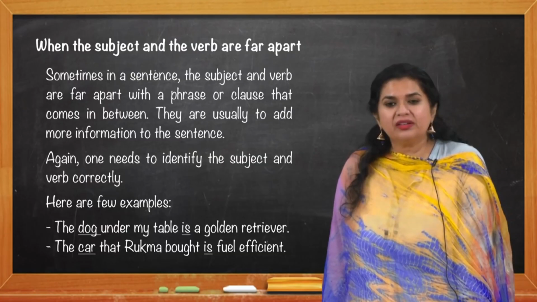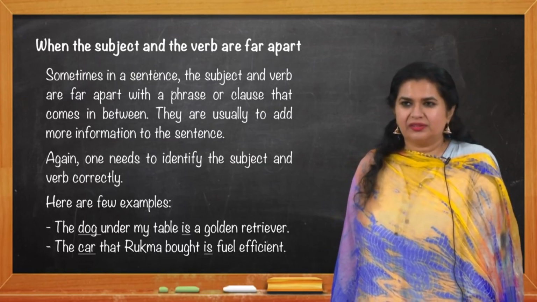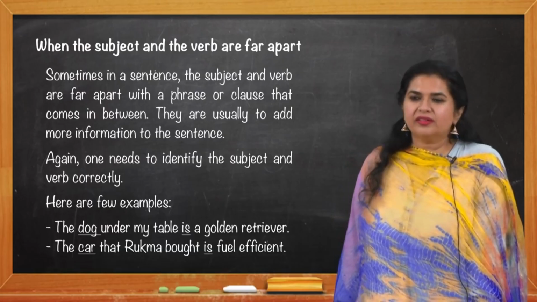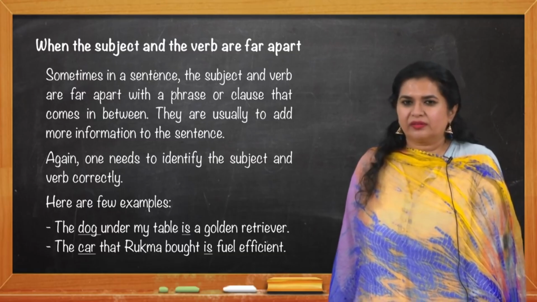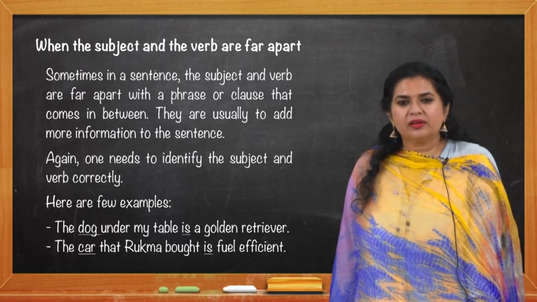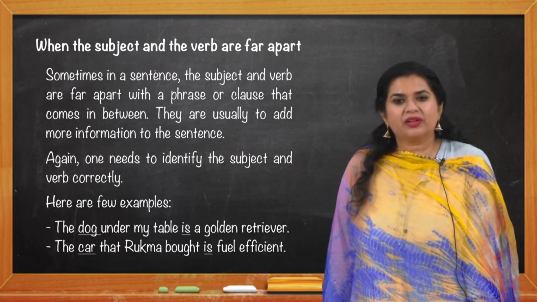The dog under my table is a golden retriever. The car that Rukma bought is fuel efficient. So, the car is the subject here. The dog is the subject. It is not my table. The dog. So, who is under my table? What did Rukma buy? And that is the subject.